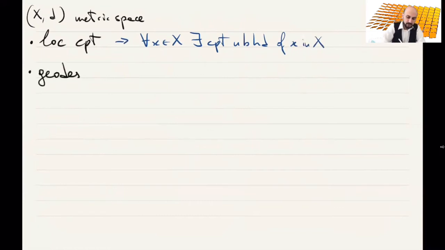Geodesic. When is a metric space geodesic? When for every 2 points there exists a curve whose length is exactly the distance.